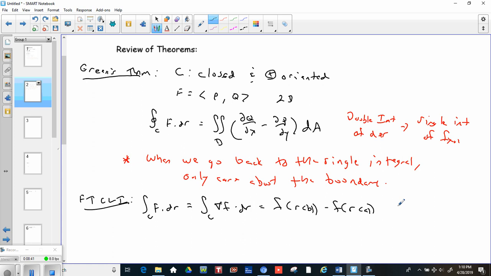And just to put this up there, remember that the gradient is defined to be the partials. And sometimes it's two-dimensional, sometimes it's three. And this is going to work if F is conservative.